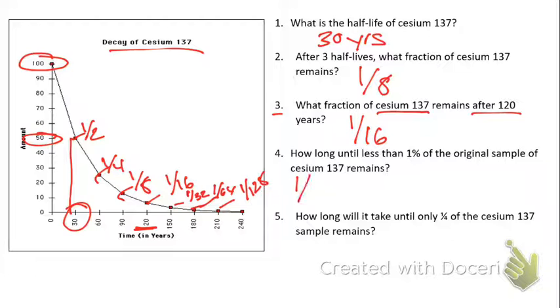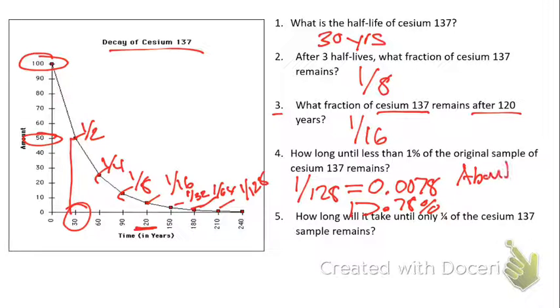If you take 1 divided by 128, that should equal 0.0078, which if you multiply by 100, that's 0.78%, essentially less than 1%. So it should take about 210 years for cesium-137's original concentration to be less than 1%.